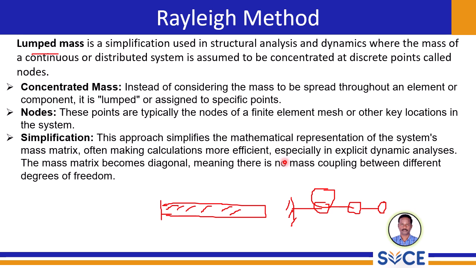Accuracy: for systems with significant distributed mass, the lumped mass approximation might not be as accurate as considering the continuous mass distribution, especially for higher modes of vibration. Accuracy depends on how well the mass lumping represents the actual mass distribution and the chosen nodes.